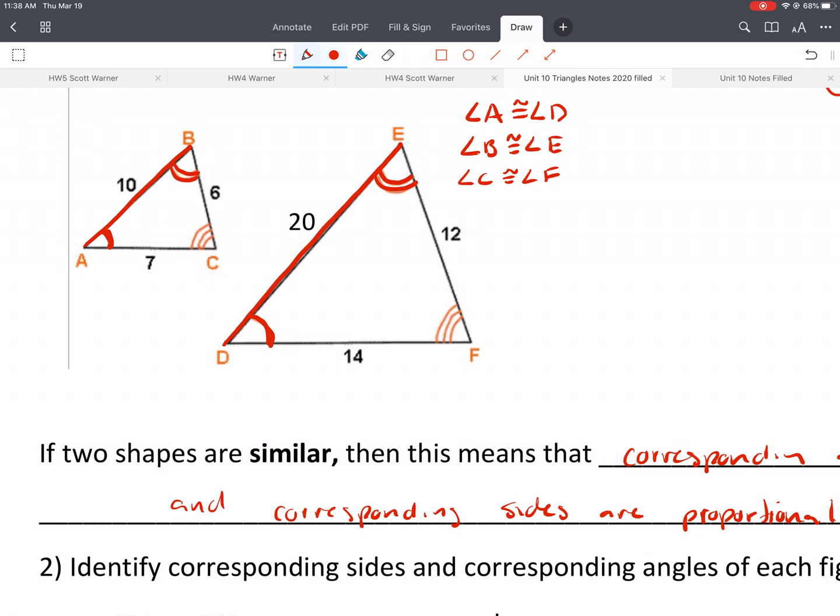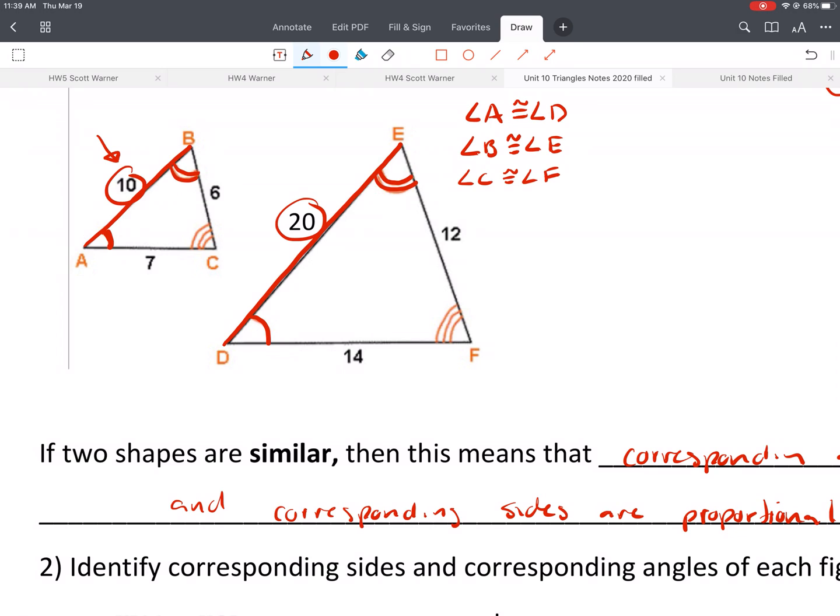Another way you could figure out corresponding sides, and this is the way I like to do it the most, is if we have the numbers available, you just look at the largest side for the small triangle and the largest side for the big triangle. Those would be the corresponding sides.